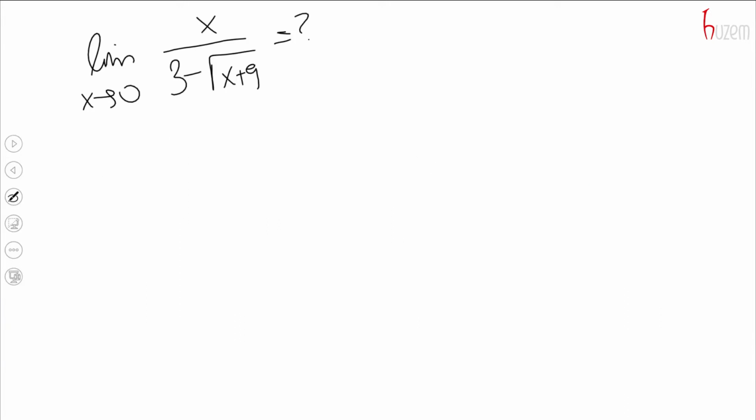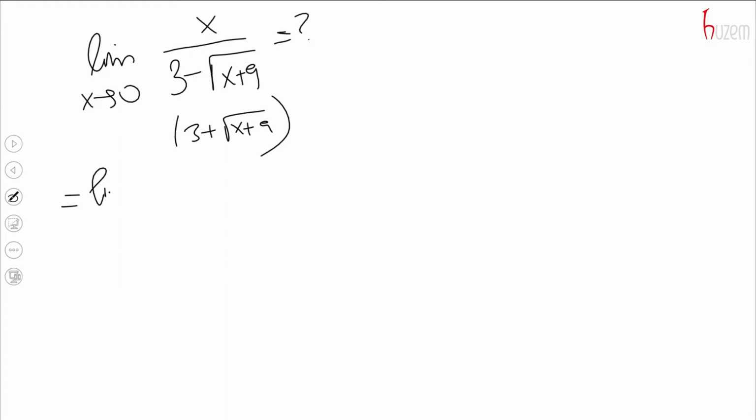Okay, so next we have something similar. Again, for this problem we need to multiply both numerator and denominator by the conjugate, because if you substitute x equals 0 directly, you'll see this is 0 divided by 0, and 0 divided by 0 does not make sense for us at all. So we need to multiply both numerator and denominator by the conjugate.